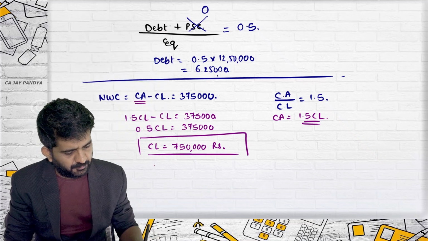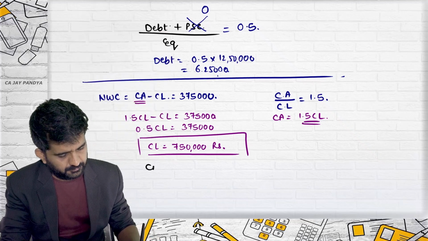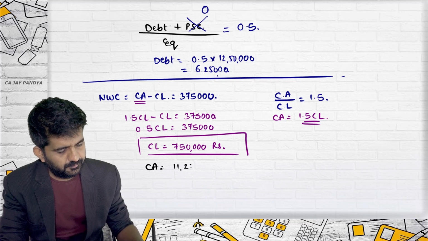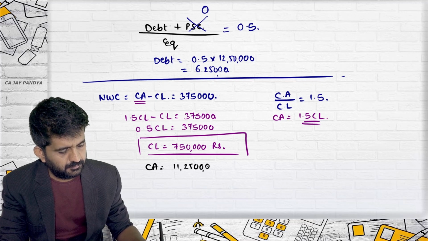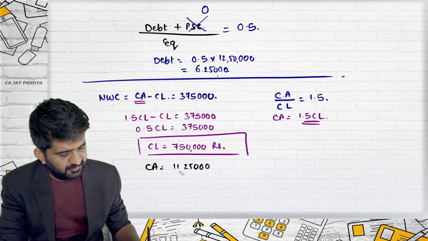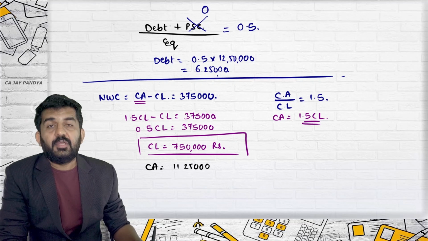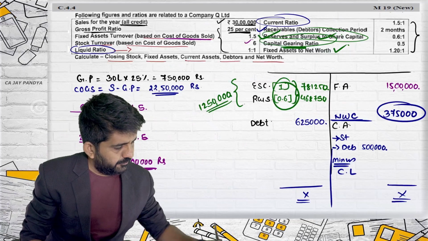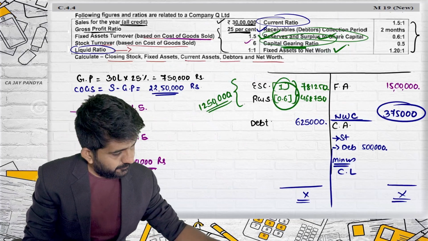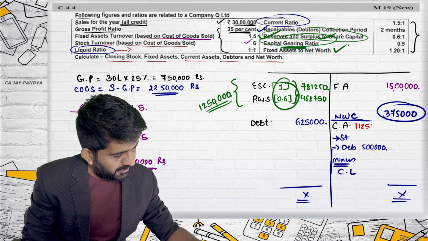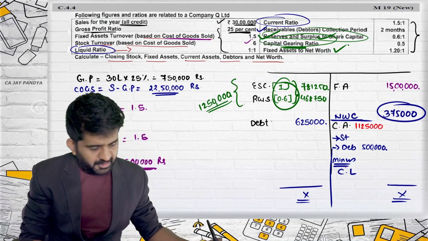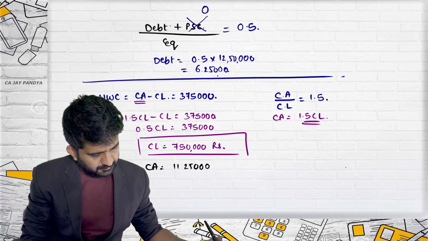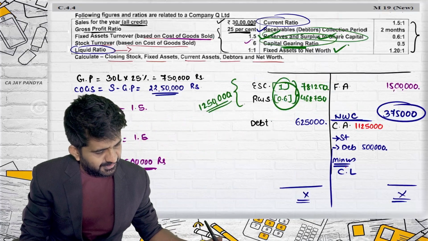It is 11,25,000. So what is current asset? 11,25,000. What is current liability? 7,50,000.